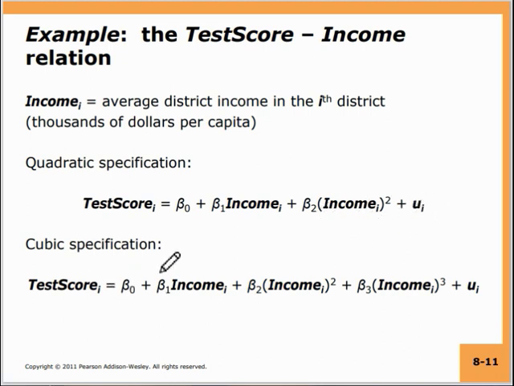And the cubic specification will be test score equals beta 0 plus beta 1 income i plus beta 2 income i whole square, plus you now also include a cubic term, which is beta 3 income i whole cube. You don't know which one of these specifications will be right, but if you do a quadratic specification, this is what it will look like, and if you do a cubic specification, this is what it will look like.